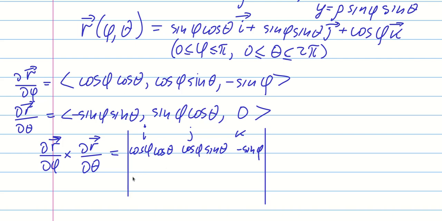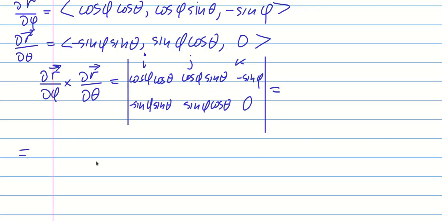Then we put the second vector, negative sine of phi sine of theta, sine of phi cosine of theta, and then we put 0. So we say equal, and we start our calculations.